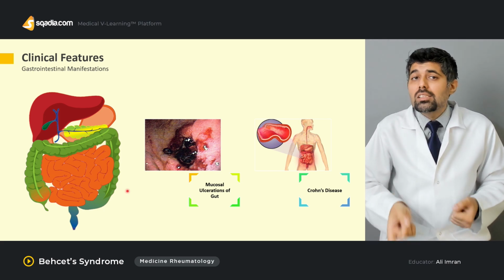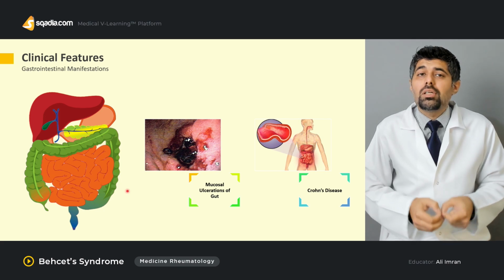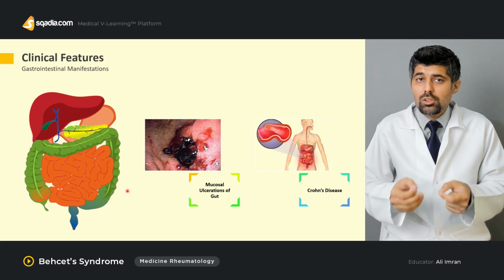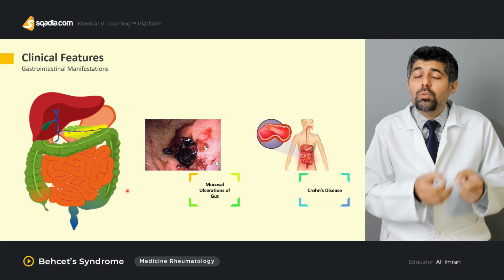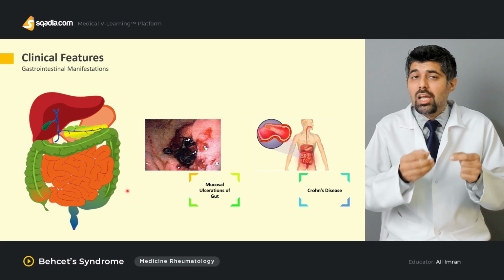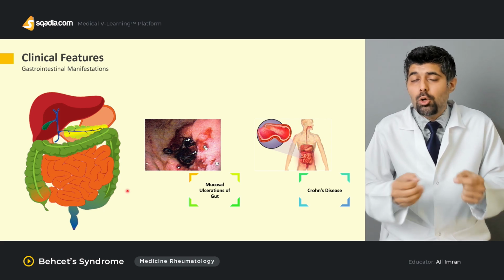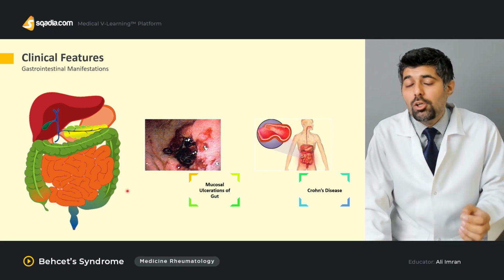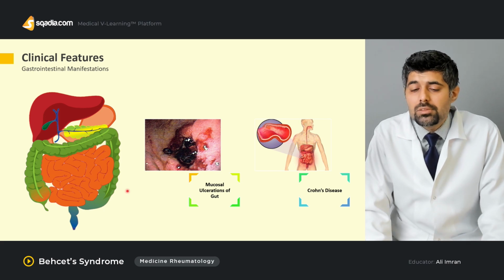In either case, our choice of treatment changes. So, any person with gastrointestinal manifestation has to have an endoscopic procedure in order to differentiate the etiology of these ulcers.